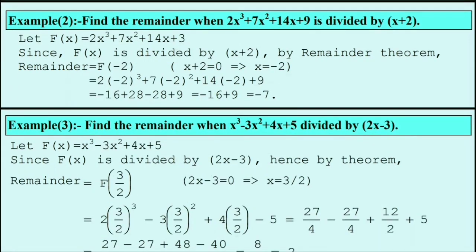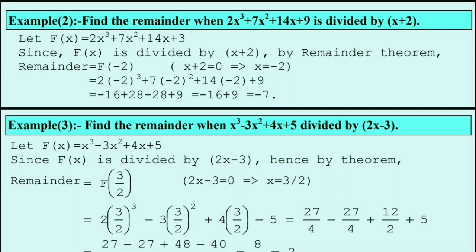Now let's take another example, example number 2. This is almost the same, but I'm taking some more examples so that you understand how to use the theorem and how to write the statements towards solution.